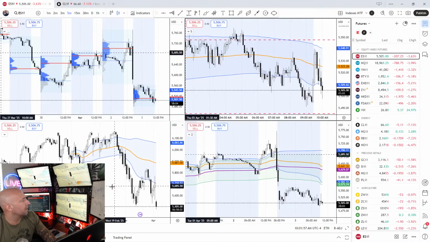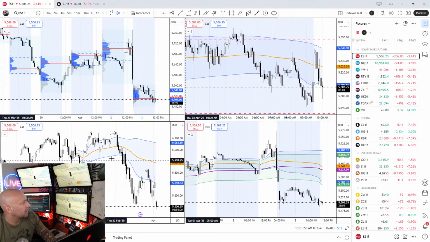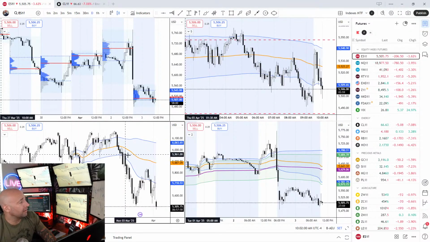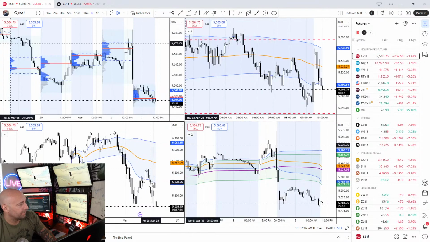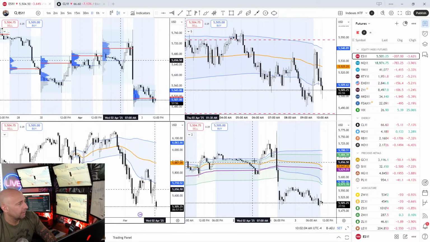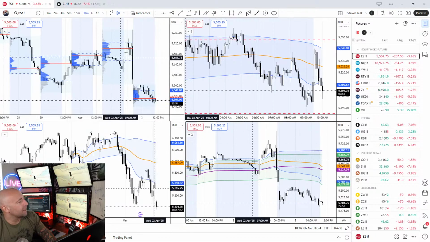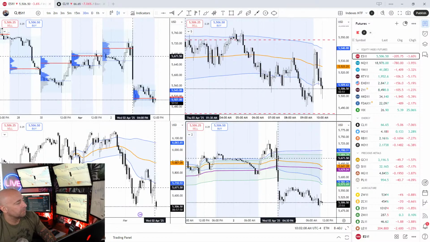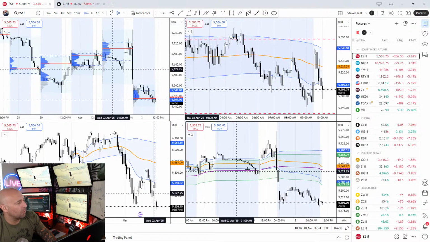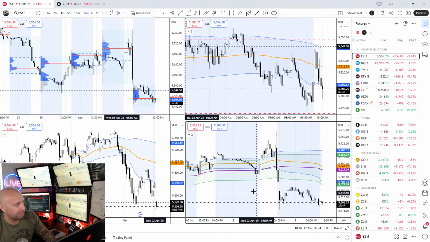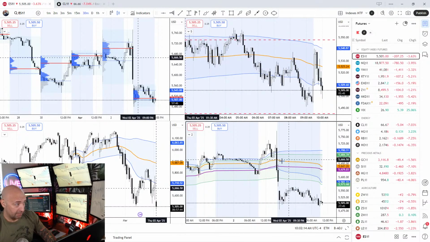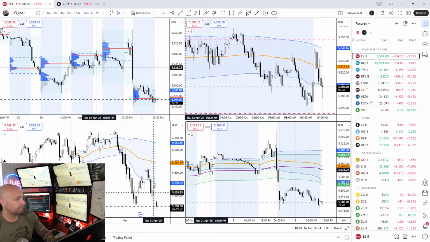Bottom left is the daily with a yearly anchored VWAP for the big picture. And bottom right is the 30-minute with a weekly and a monthly anchored VWAP for higher time frame confluence.